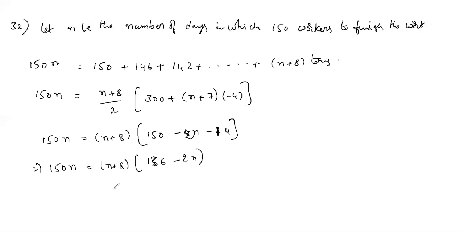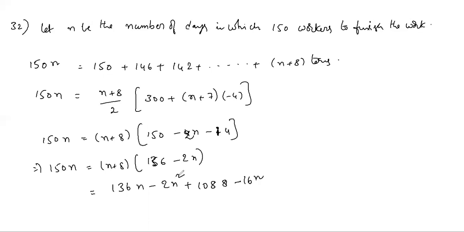So it is equal to 136n minus 2n square plus 8 into 136, 1088, minus 16n.